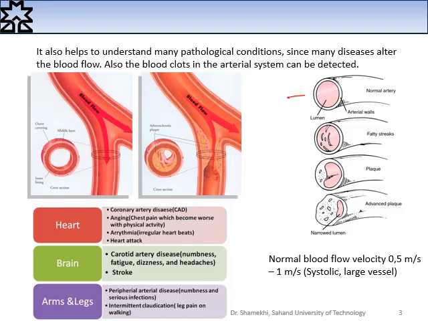As you can see here, a normal artery, fatty streaks inside the artery, plaques and advanced plaques. These problems in vessels lead to some heart, brain and limb diseases, and we should find them at earlier stages.